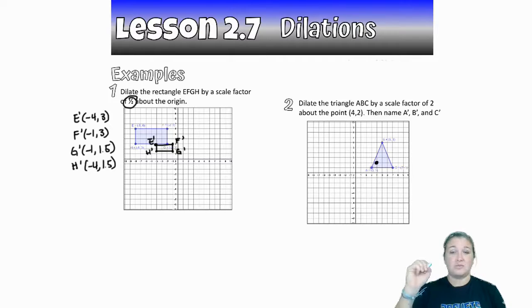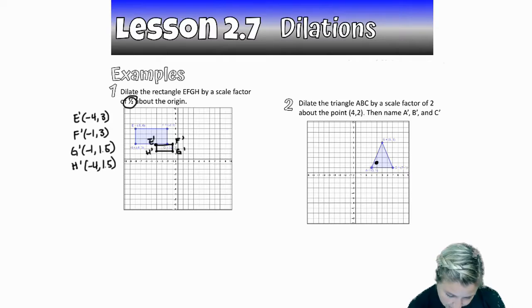So to get to A, I'm going to go down 1 and left 1. The new scale factor is 2, so I'm actually going to go down 2, left 2 to get A prime. I'm dilating about the red point, so I'll make sure we note that.